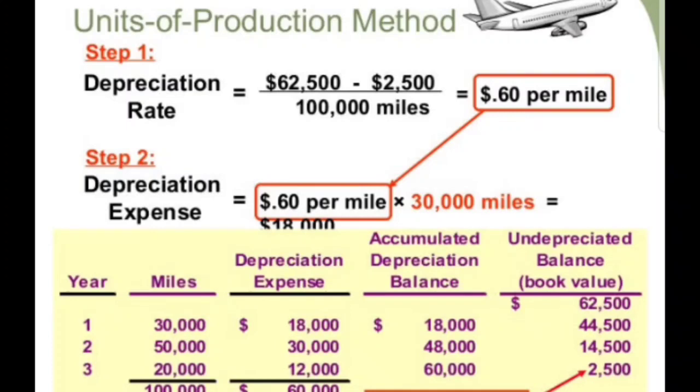Then, cost 62,500 minus 48,000, the book value shall be 14,500. Then cost minus accumulated depreciation of year 3, 60,000, then the book value shall be 2,500.